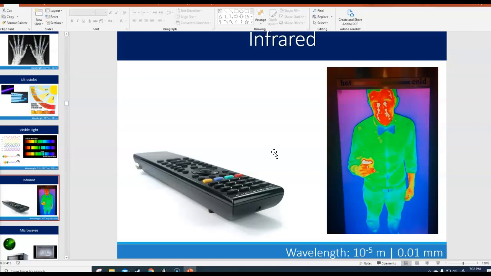Okay, if you ever want to do something for fun, just to be able to see that light bulb go off, I know it works at least on my iPhone. It may or may not work on your phone, but if you turn on your selfie camera and hold up your TV remote to the selfie camera and press the buttons on the remote, you'll actually see that little light bulb at the end of the remote blink, because for some reason the selfie camera on your phone can see into the infrared part of the spectrum.